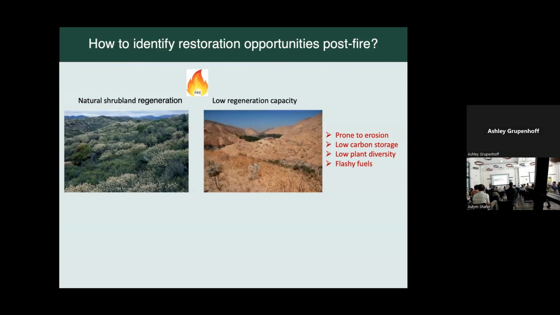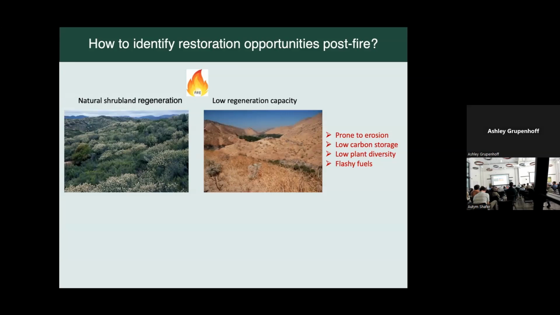And what I wanted to recognise, as we've seen before, is the areas that have had the fire return interval within that 30 to 90 year window, the way it recovers, the natural shrubland regeneration, compared to areas of low regeneration capacity where non-native species are taking over.